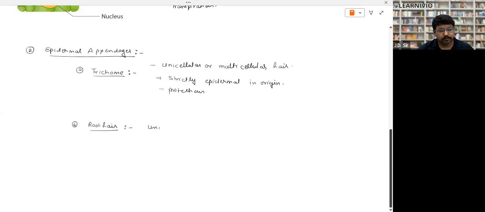They are unicellular tubular structures found in the root hair zone of root.